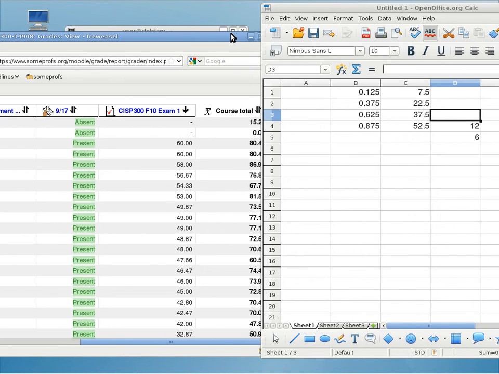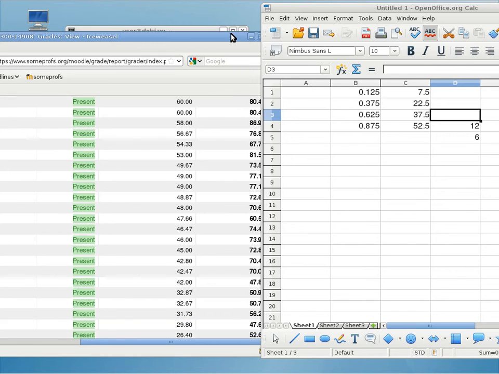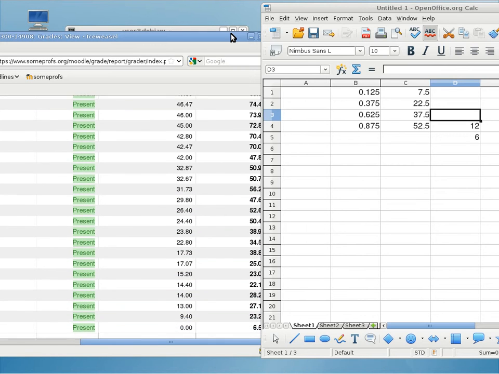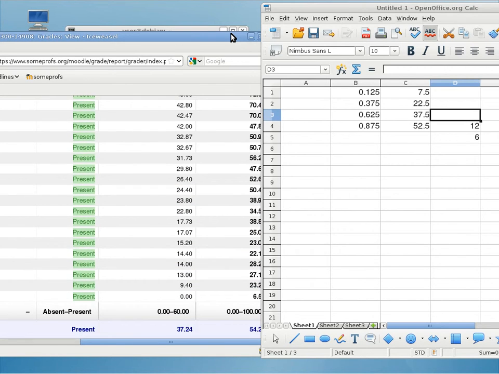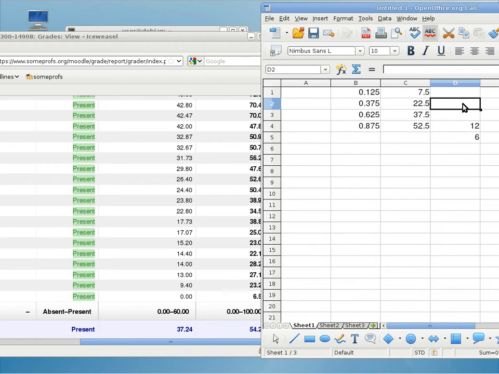How about C's? C's are from 22.5 points to 37.5 points. So let's see. Scroll. We got 1, 2, 3, 4, 5, 6, 7, 8. 8 people getting C's. And how about D's?